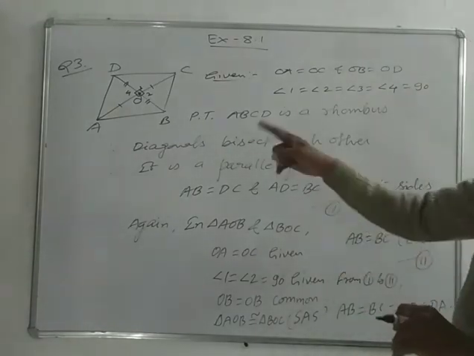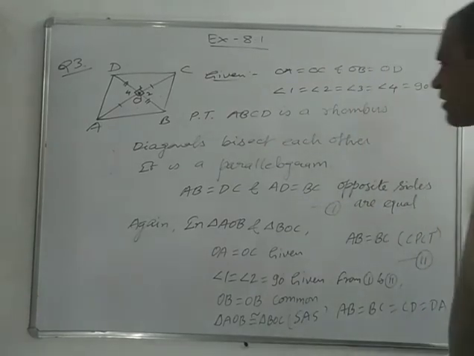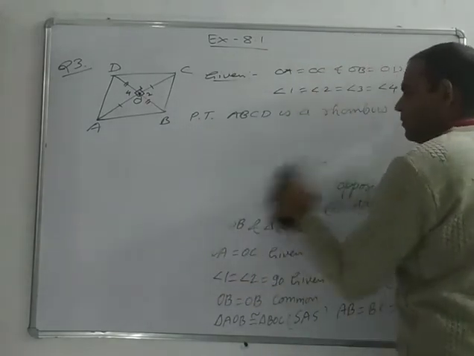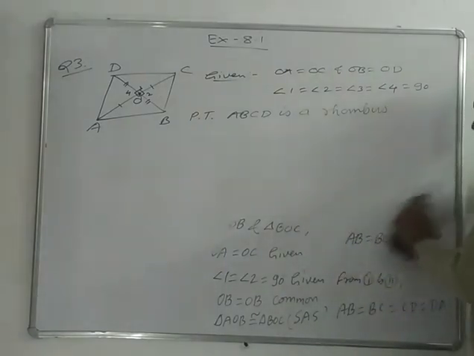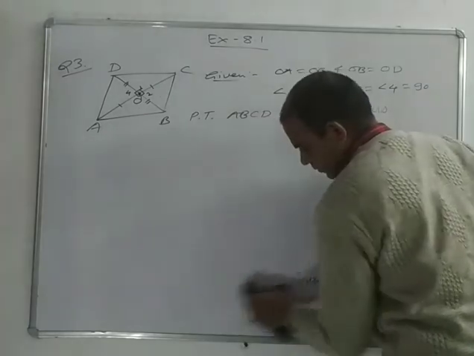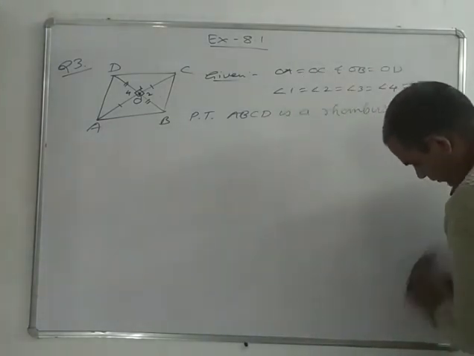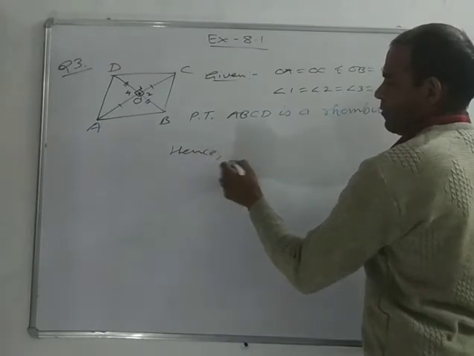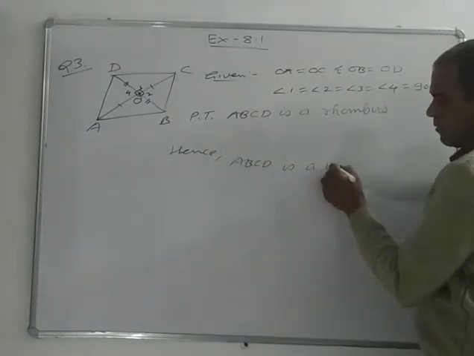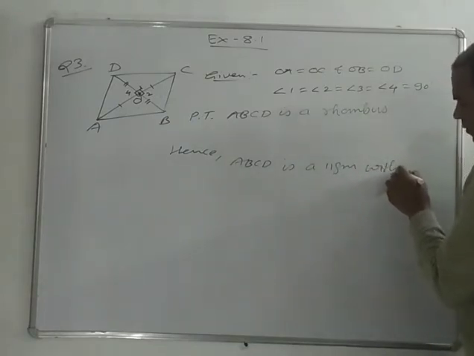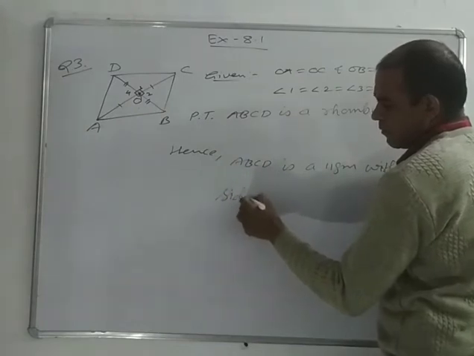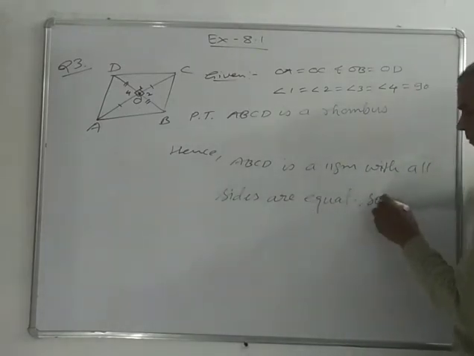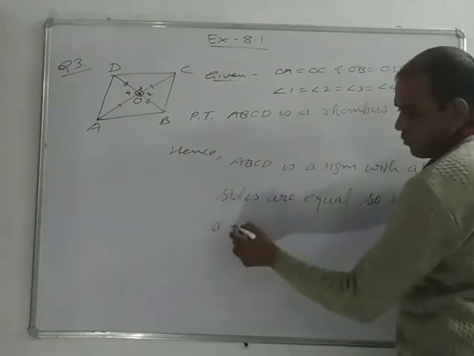Hence, ABCD is a parallelogram with all sides equal, so it is a rhombus.